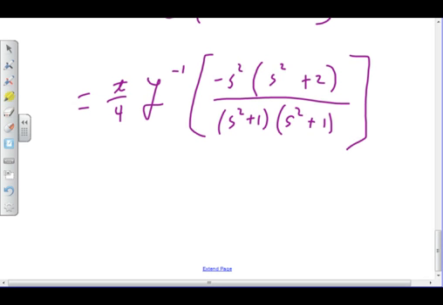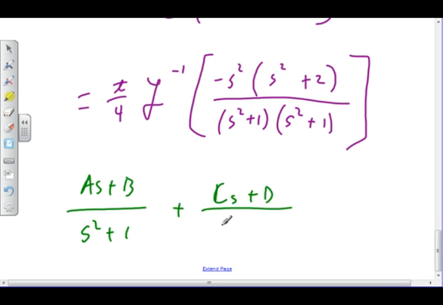So if I go as plus b over s squared plus 1 plus cs plus d over s squared plus 1 squared.